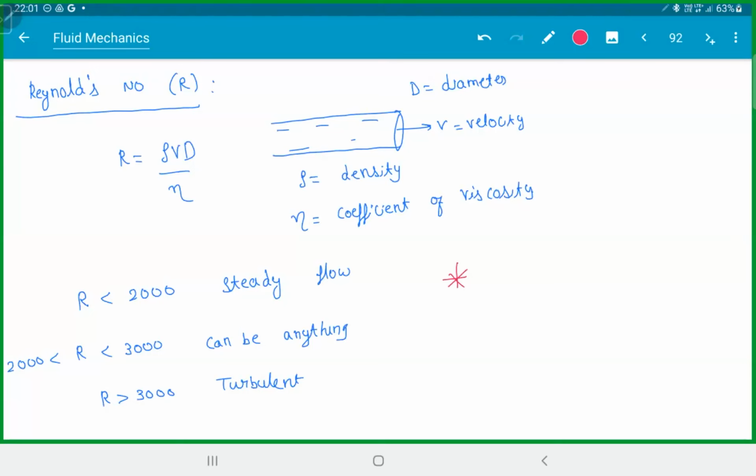So basically what you want to find, for steady flow, R should be small, no? Meaning you want the numerator to be small and the denominator to be big. So we need low density and high viscosity. Fluids like that have a higher probability of being in streamline flow.